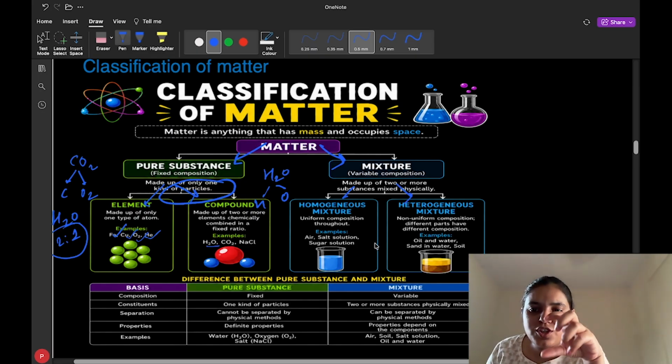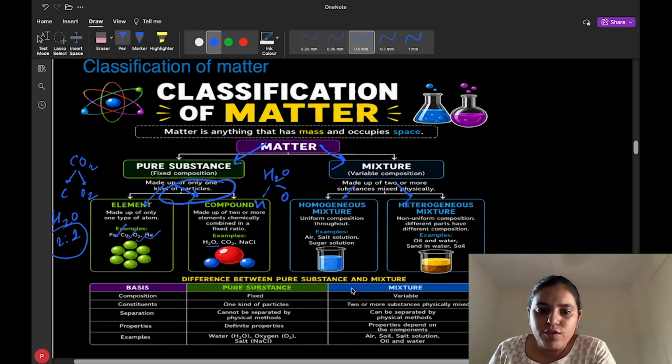A homogeneous mixture has a uniform composition throughout. If I take a glass of water and add salt and sugar to that solution, what will happen? Salt and sugar will dissolve in the glass. We are not able to see the salt or sugar in that glass.